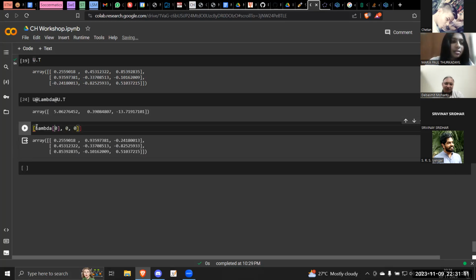Then lambda of 1. You should wrap this in numpy array, otherwise it becomes a list. Zero, lambda 1, 0.